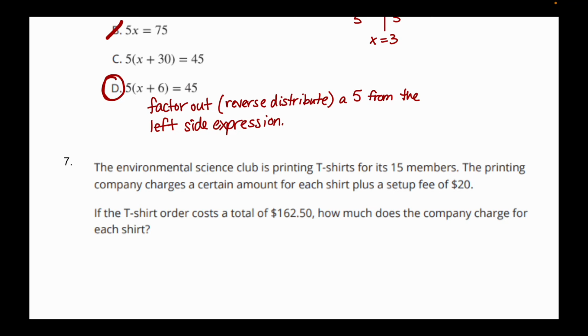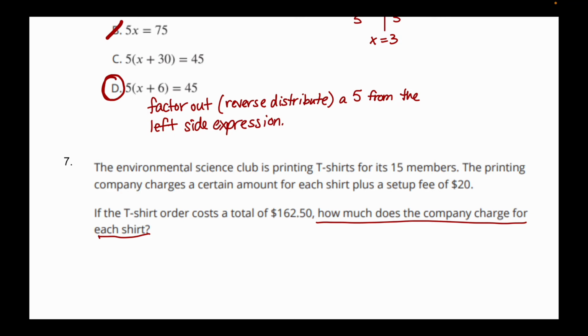So I want to know this question right here, so I'm going to make sure that I answer that with my math. So 15 members, and it charges a certain amount. I'm going to use X for this, even though you could use S for shirts.